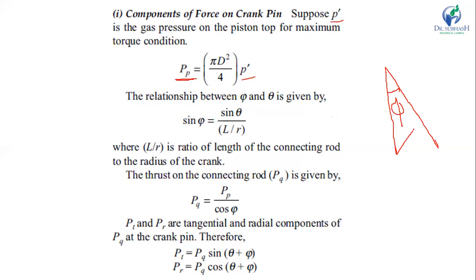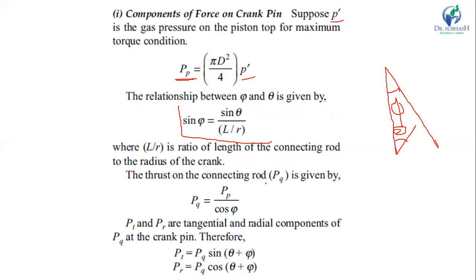The relation between phi and theta is given by sine phi equals sine theta upon L by R, where L by R is the ratio of length of connecting rod to the radius of the crank.